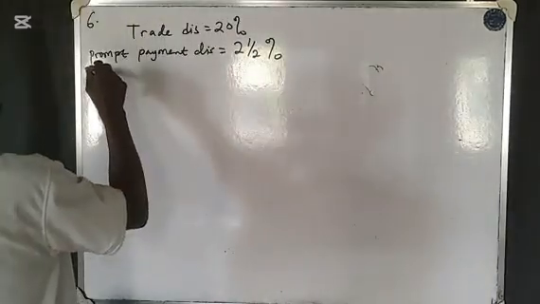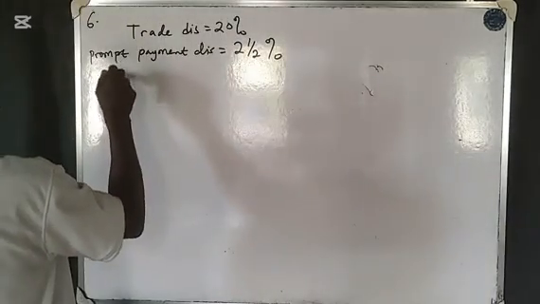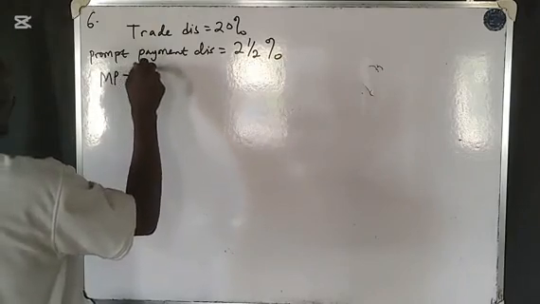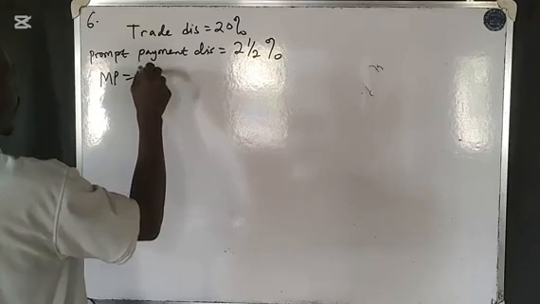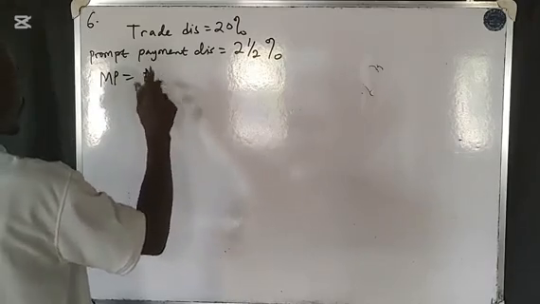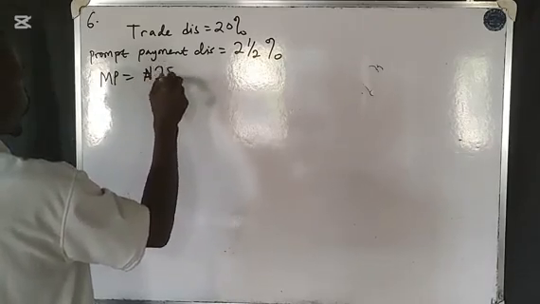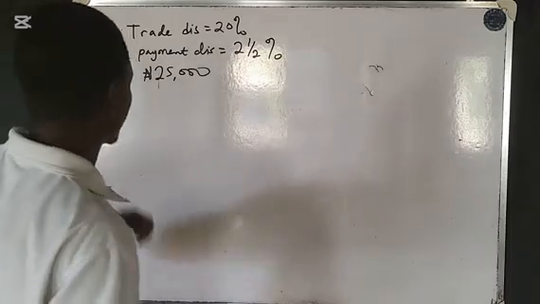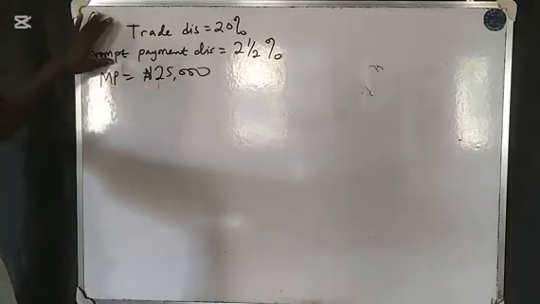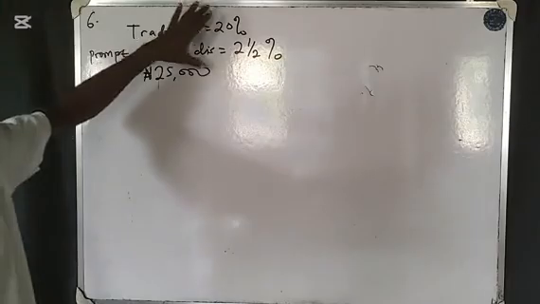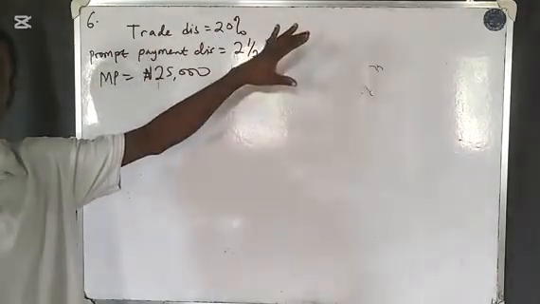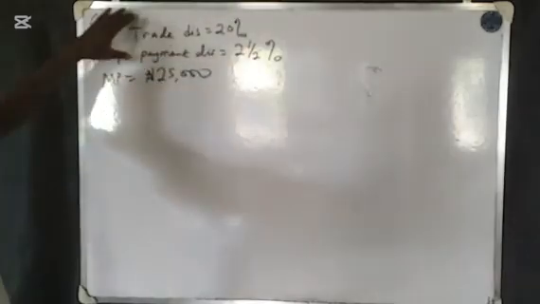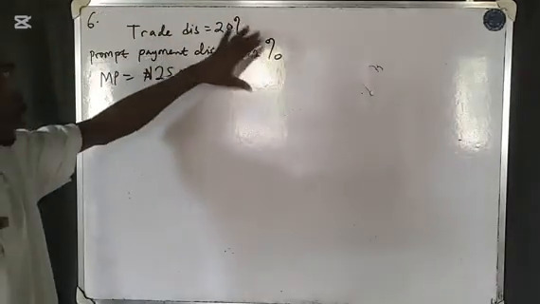The marked price of an article, MP, is 25,000. They want us to find the total amount saved by a customer who has enjoyed these two discounts.